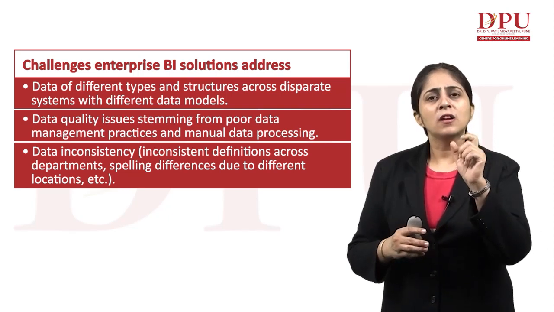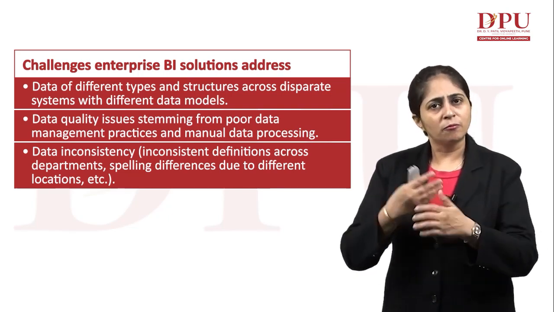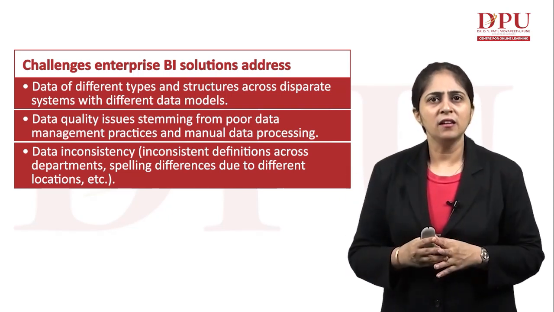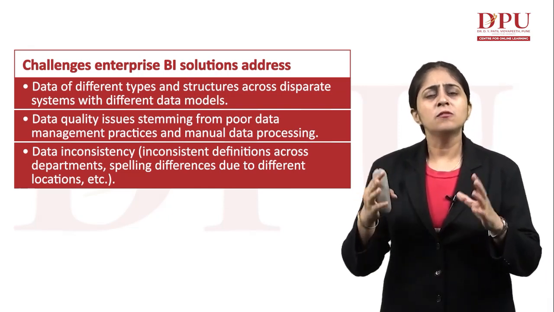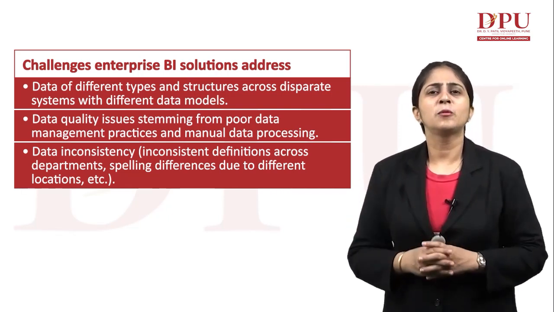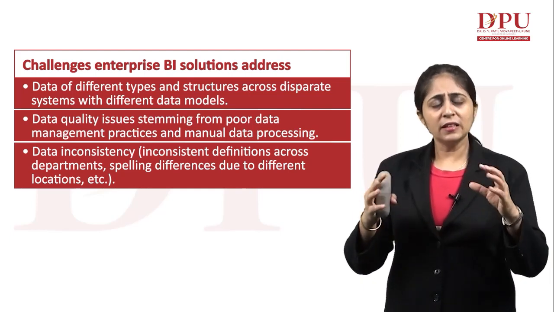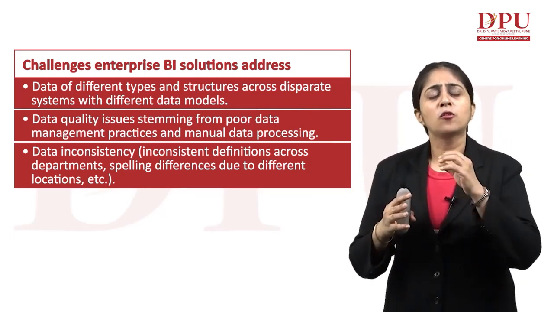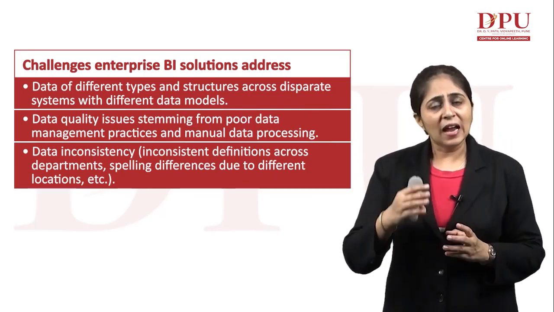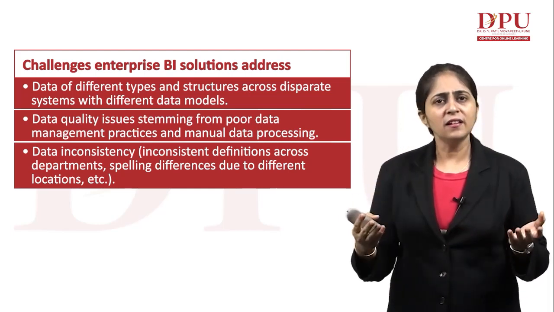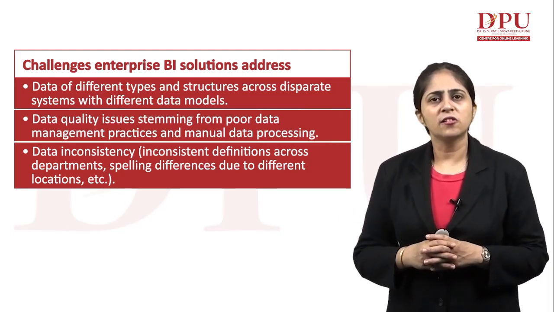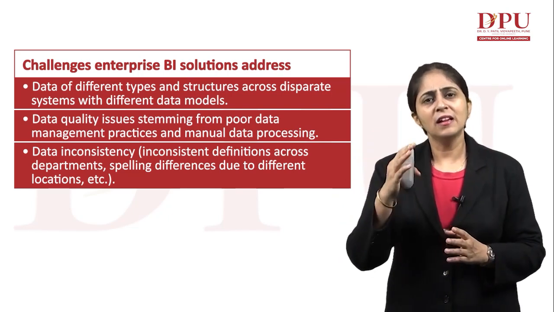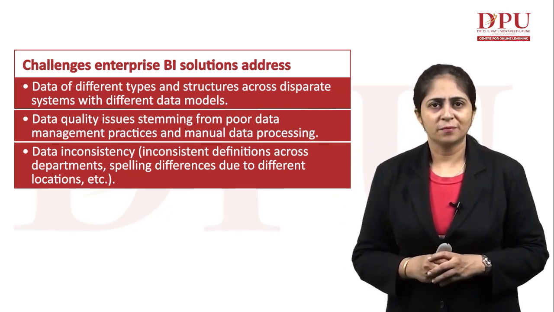Someone might have used a shorter form of it for his own understanding. So because of this, inconsistency between the data occurs. The data which is being stored might not be consistent. So that is another challenge that this enterprise business intelligence solution faces when we are building it.